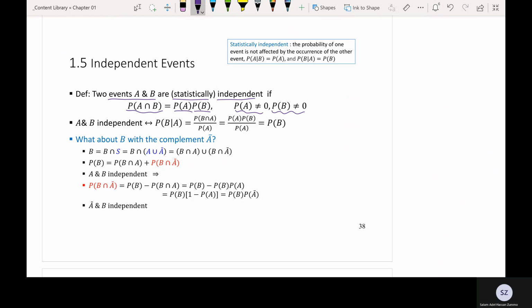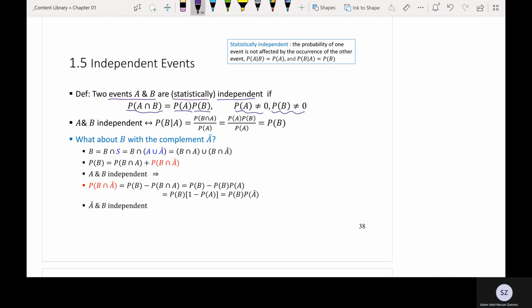B becomes impossible. So these are dependent events, not independent. Whereas with independent events, if A happens, B may or may not happen. We don't know. There is no relationship at all.